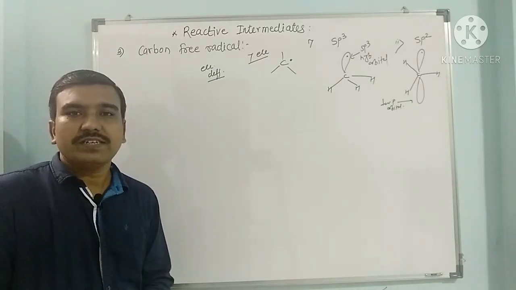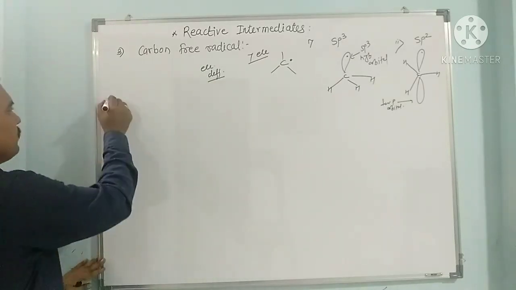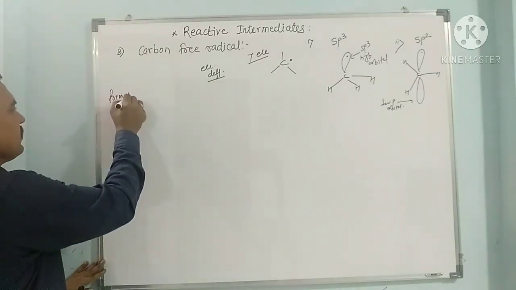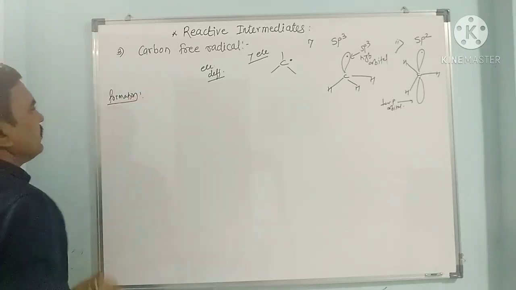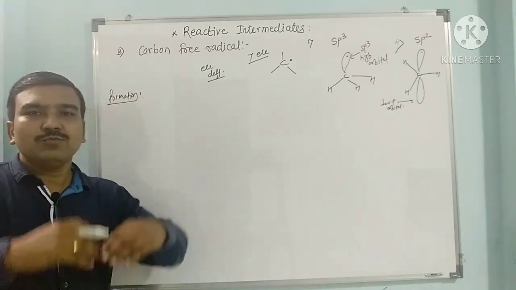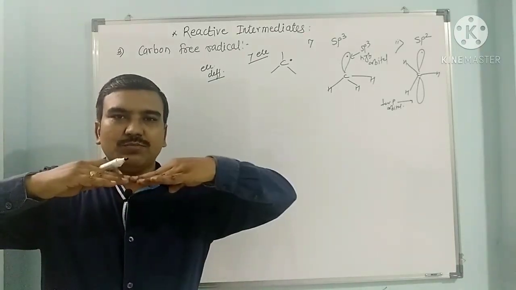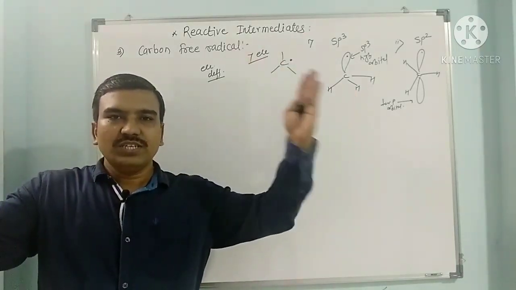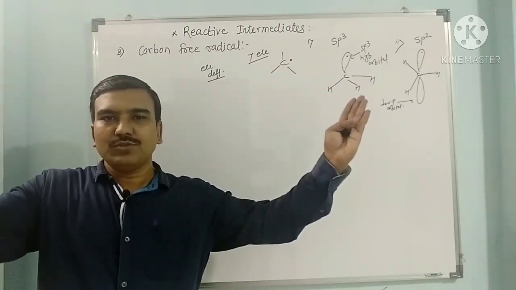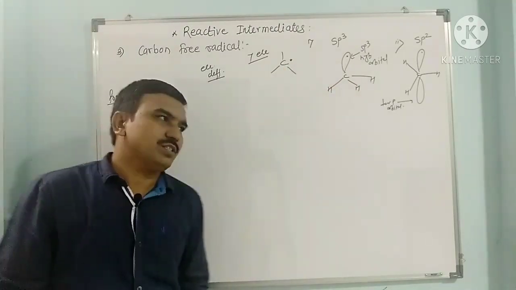Now how are carbon free radicals formed? Free radicals can be formed by homolytic bond fission. As we have discussed in bond fission, when the bond breaks in this way, one electron goes to one bonded atom and the other goes to the other bonded atom. This is homolytic bond fission.